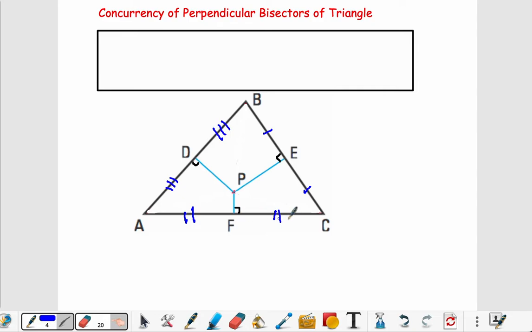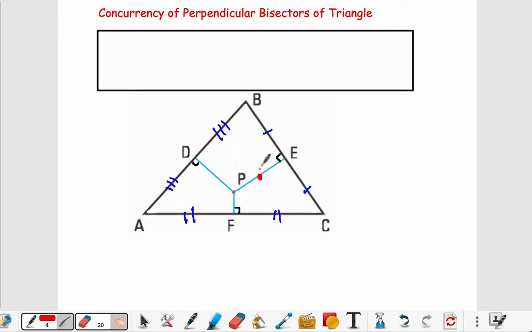So this not only tells us that FC is congruent to FA, DA is congruent to DB, BE is congruent to EC, we also get more from this. So if we just take this one side at a time, let's just look at this perpendicular bisector here. If we ignore everything on the left and on the bottom, if PE is a perpendicular bisector, that means any point on PE is the same distance to the endpoints of the segment.